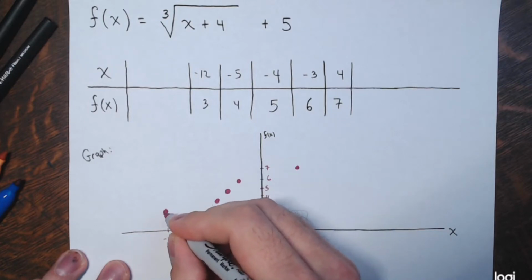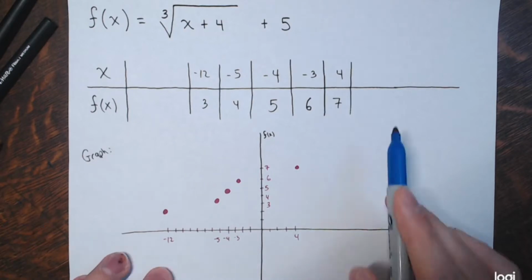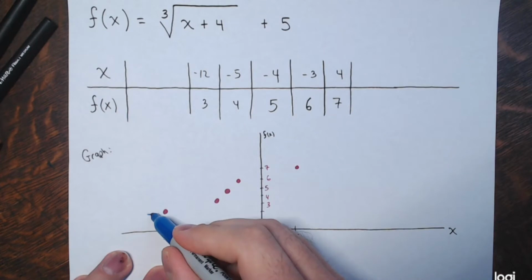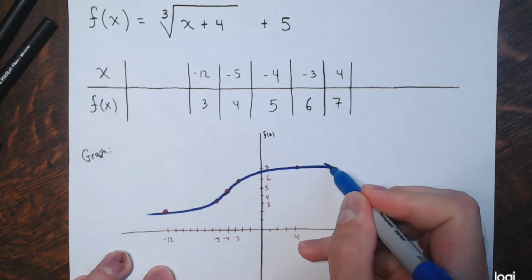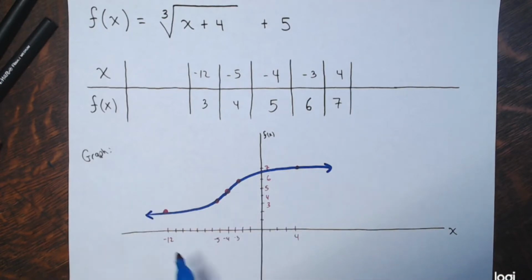That point there. And you get a curve like this. Now I could keep going with this. You could plug in all sorts of points, but you get a curve that looks like this. It goes up forever that way and down forever that way. But a nice little cube root curve here.